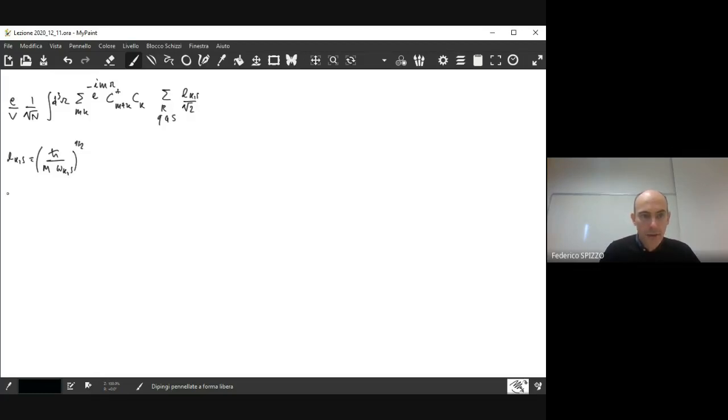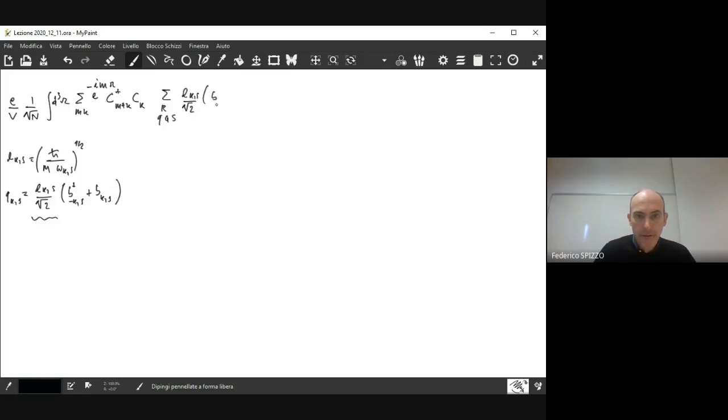So I forgot that because the actual definition of Q k s is l k s divided by the square root of 2 times b dagger minus k s plus b k s. So I forgot this coefficient when defining before the actual expression for creation and destruction operators.